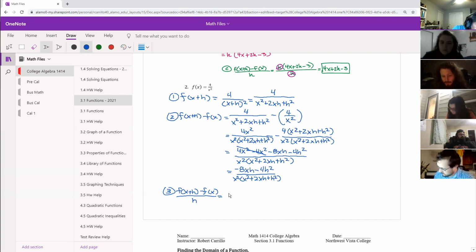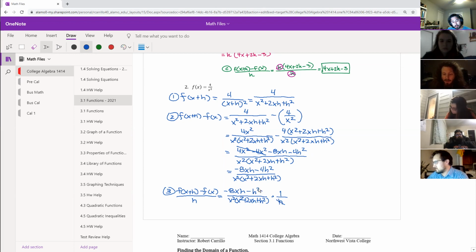So this will be equal to negative 8xh minus 4h squared divided by x squared times x squared plus 2xh plus h squared times 1 over h, because dividing by something is the same thing as multiplying by 1 over that thing, right?